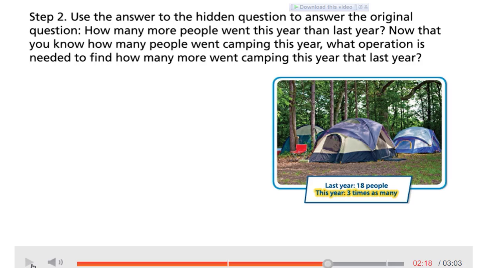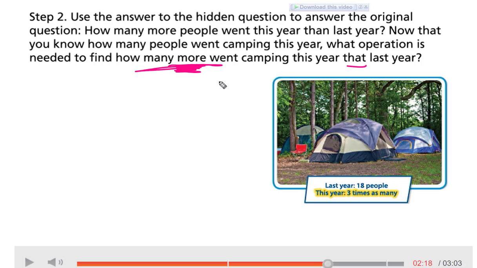Multiplication. No, of course not. When you need to know how many more went this year than last year, it's not multiplication.